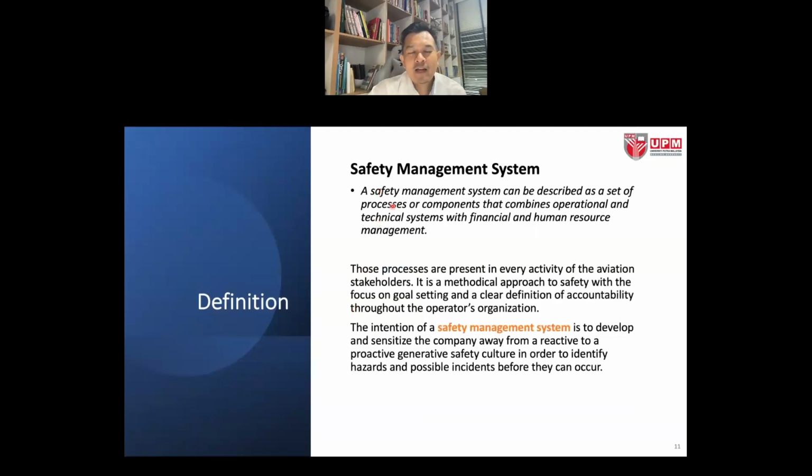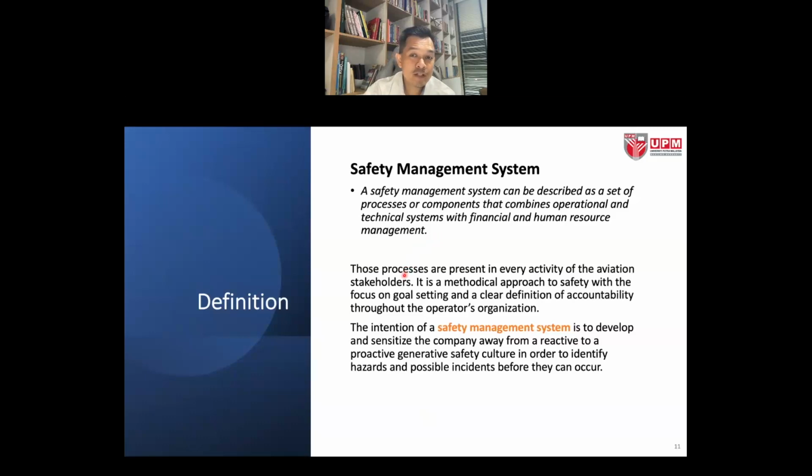As highlighted earlier, ICAO requires air operators to provide their own safety management system. So what is a safety management system? It can be described as a set of processes or components that combines operational and technical systems with financial and human resource management.